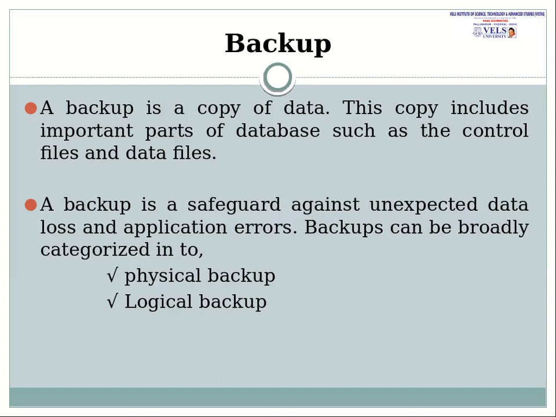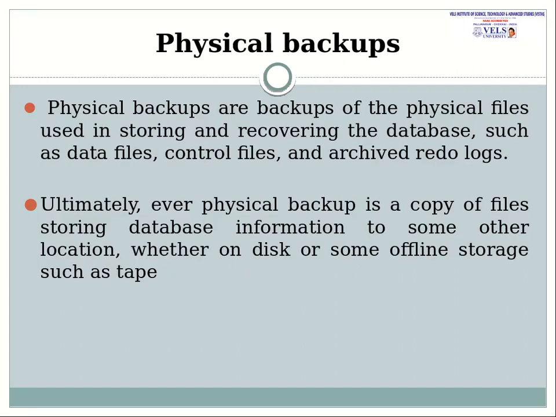Backups can be broadly categorized into two types: physical backup and logical backup. A physical backup is a copy of the files storing database information to another location, such as a secondary device. The entire copy of data can be stored on disk or on tape, which is offline storage.